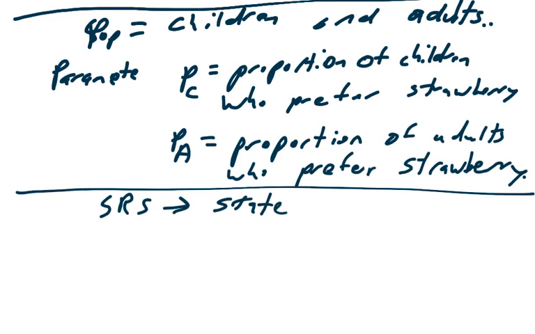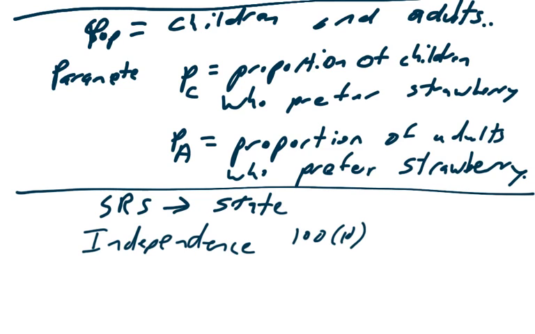SRS is stated. Independence: 100 times 10 equals 1,000, which is less than the total amount of children.